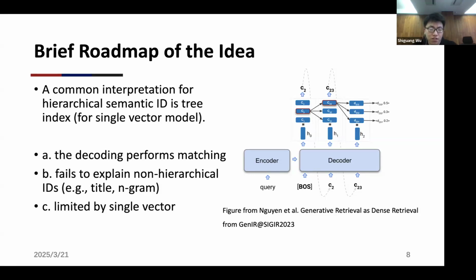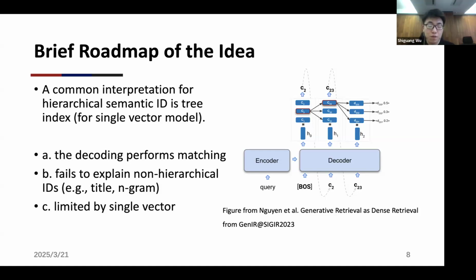And the second one is that their paper fails to explain non-hierarchical IDs, and they didn't look at the internal mechanism in the decoder. They're looking at the top of the prediction head at the inference stage.